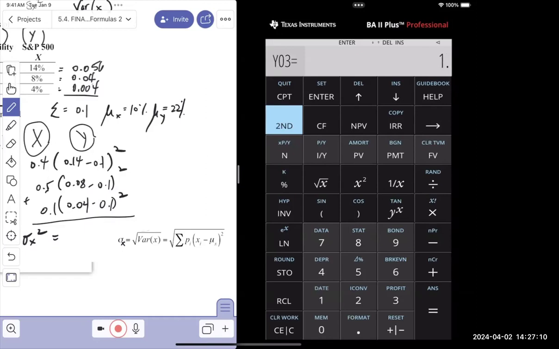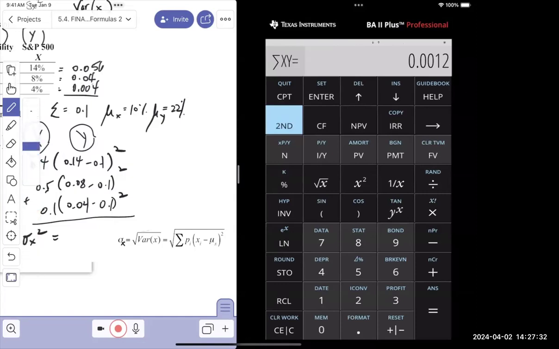And I'm going to check my work because I have to check. So let's see, 0.4, 0.2, 0.5, and 0.1. And then what do I do? Second stat and arrow up.